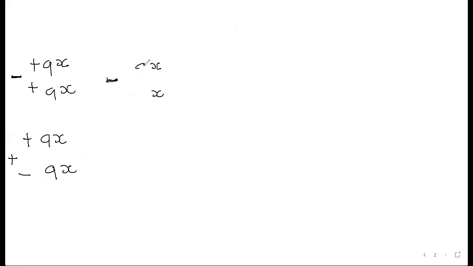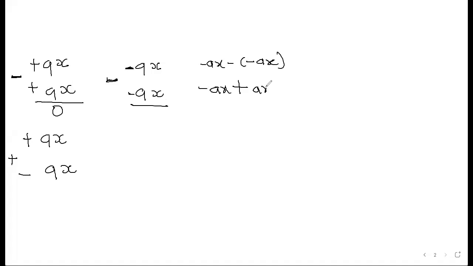So if you do this, when you have plus ax and minus ax, adding will give you 0, so they cancel. For the case with minus, it will also cancel: minus ax minus ax, where minus times minus gives plus, then you have minus ax plus ax, which is 0. So that's why this one will cancel.